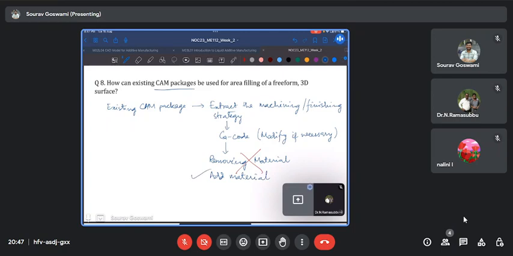Thus, existing CAM packages can actually be leveraged to fill the areas in 3D.